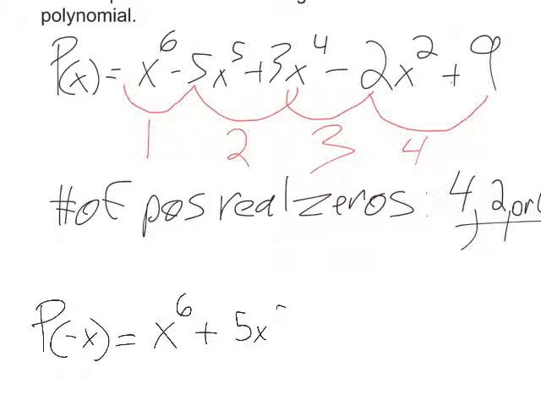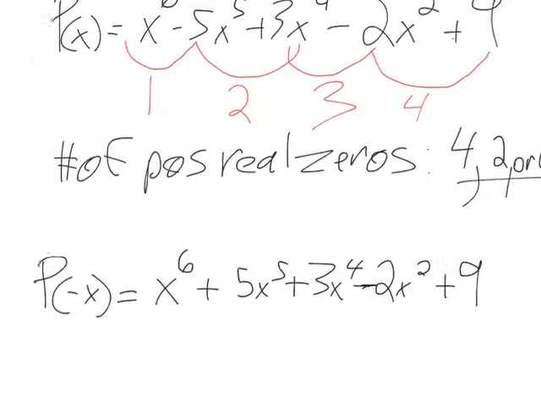So negative 5x to the 5th becomes positive. 3x to the 4th will not change. Negative 2x squared, that's not going to change either. X squared there is an even power on the x, so when we plug negative x in, we'll still stay negative. And then the last one's not going to change either because it's a constant. There's nowhere to plug the negative x in.